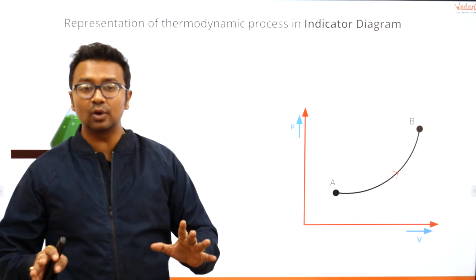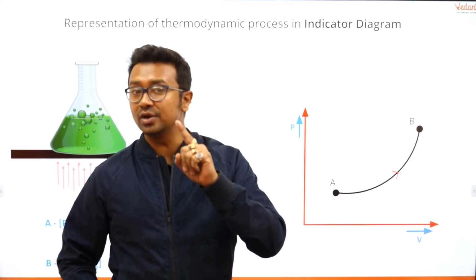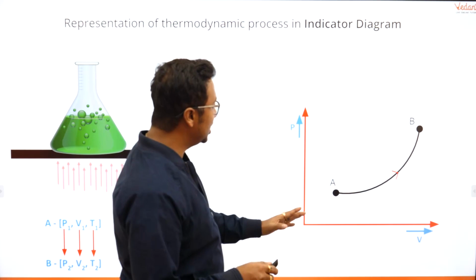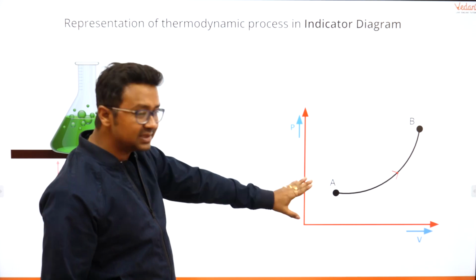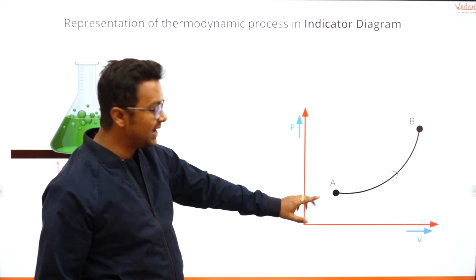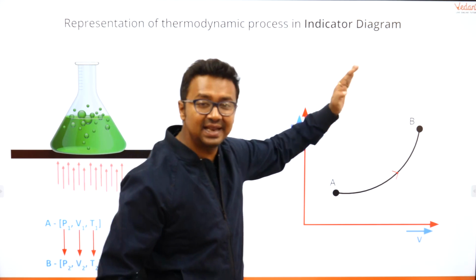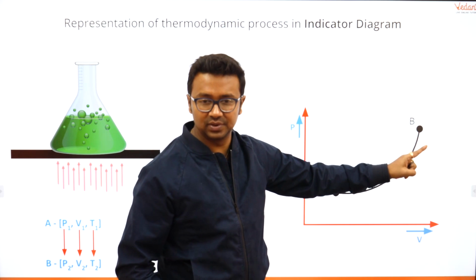We are going to discuss the different thermodynamic processes in our next lecture. So we are not focusing on how it actually went from A to B. We are just saying that at a certain time it was at state A, and at a later time it was at state B.